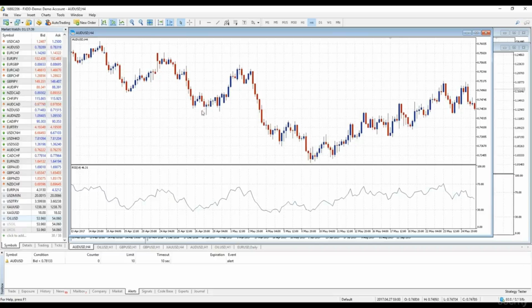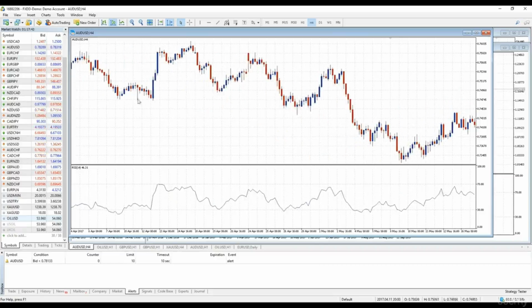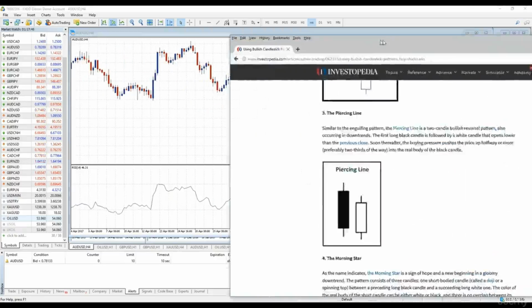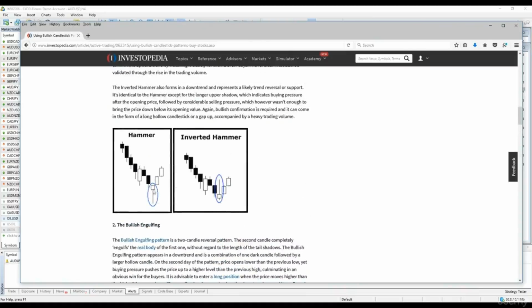Okay, and a hammer doesn't necessarily have to look exactly like it does in the textbook either, guys. It doesn't have to be exactly like this. Sometimes you'll see a little wick on the upside. Sometimes you'll even see the candle body still bearish, so in this case it would be black instead of white. It is definitely better to see a bullish hammer, which is what this is here.